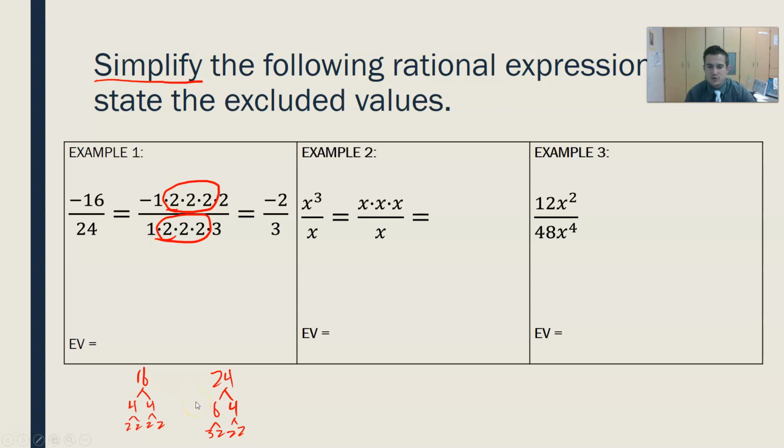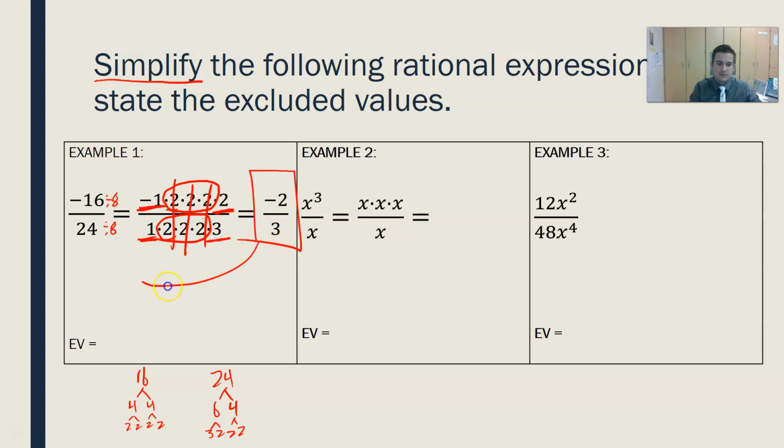Those 3 2's are in common in both, so I can cancel them out. 2 times 2 times 2 is 8, so again, I can divide by 8 in both the numerator and the denominator, and I'll be left with negative 1 times 2 in the top and positive 1 times 3 in the bottom, which gives me negative 2/3.